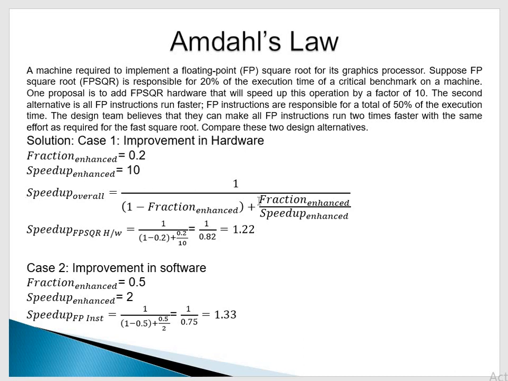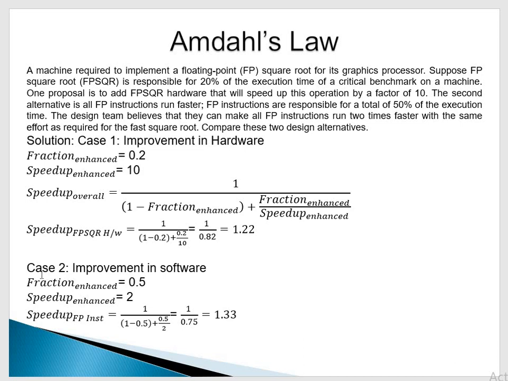This is the equation we will use to calculate it. The speedup for the floating point square root hardware with the given parameters, after putting in the values, gives us 1.22. This means that if we improve the hardware of the machine under the given circumstances, the speedup will be 1.22.